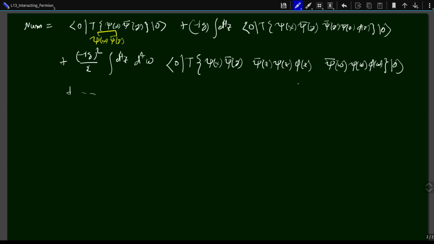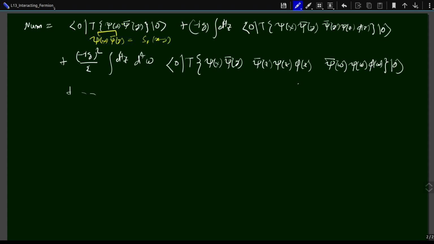There's only one contraction here, so all the pairwise contractions we have to consider, and the vacuum expectation value will be non-zero only in those terms where all the fields are pairwise contracted. Because if it is not, then there will be some operator in the normal order, and those normal ordered operators will always kill the vacuum, so that will contribute 0. So this first term has this thing pairwise contracted, and this gives me the Feynman propagator S_F of x minus y. Okay, that's my first term.